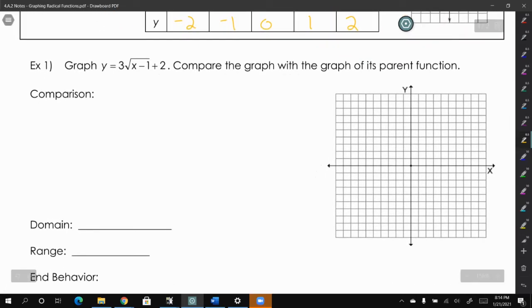So first, what I want to do is our comparison. And remember, the comparison is where we do the RST. So R for reflection. Well, our A value is 3. That is not negative. We have a positive A value, so there's no reflection. Shrink or stretch, we do have a vertical stretch by 3.